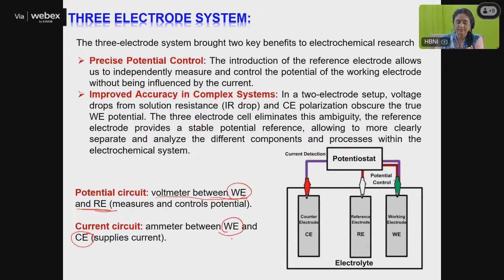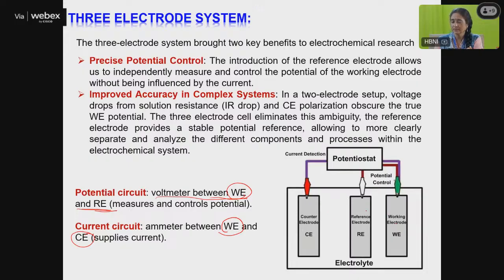There is a potentiostat joined between the counter electrode and working electrode, so that the working electrode's potential will not change very much, because sometimes we want to work at a particular potential, and whatever potential we apply should remain constant and fixed.